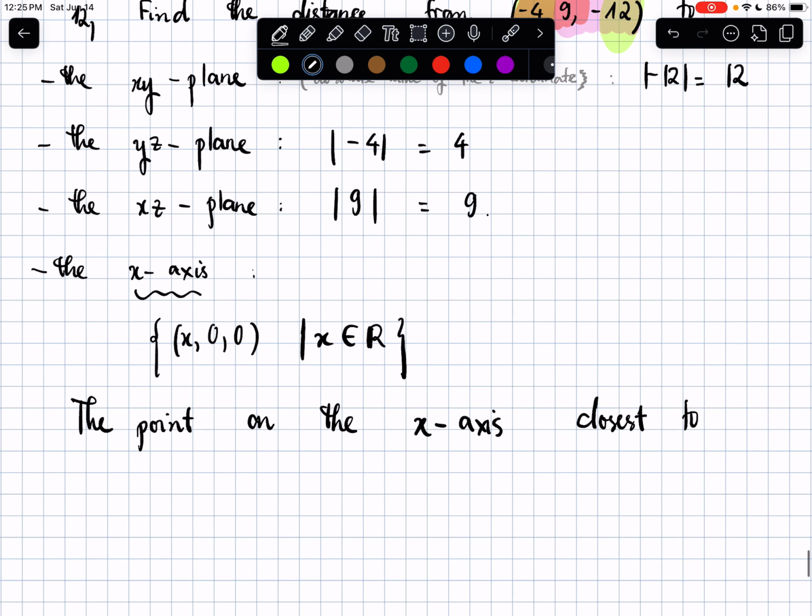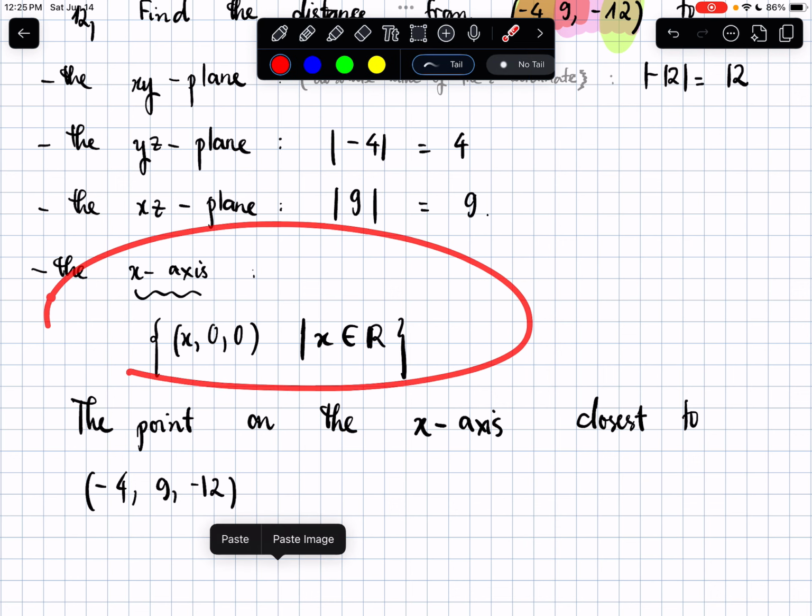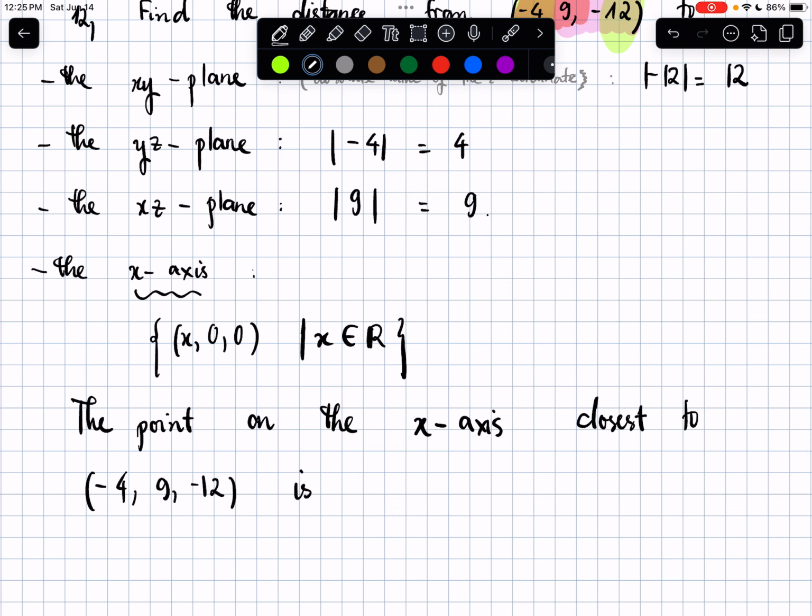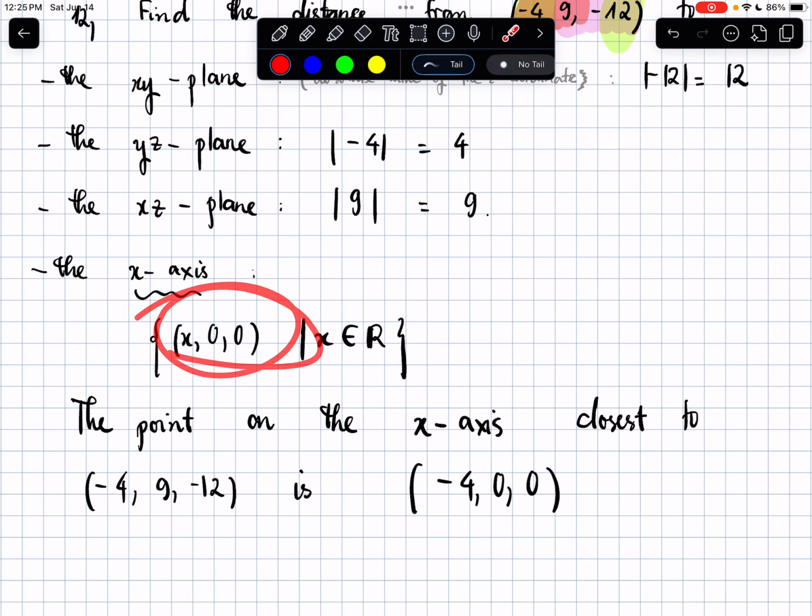Looking at (-4, 9, -12), the point in this set closest to it is (-4, 0, 0).